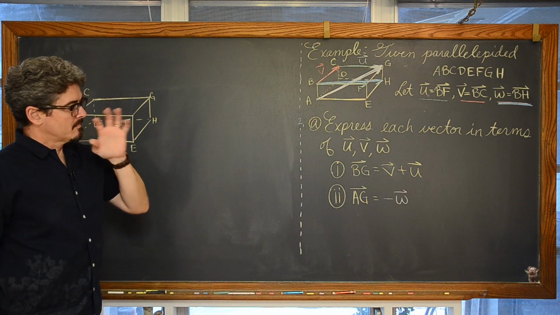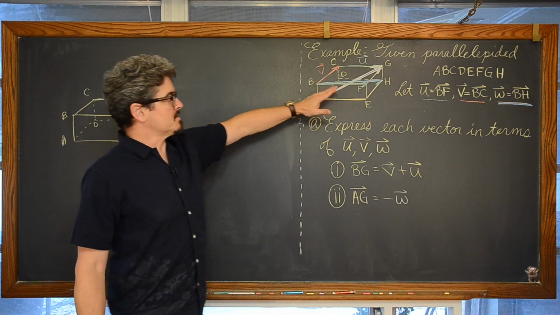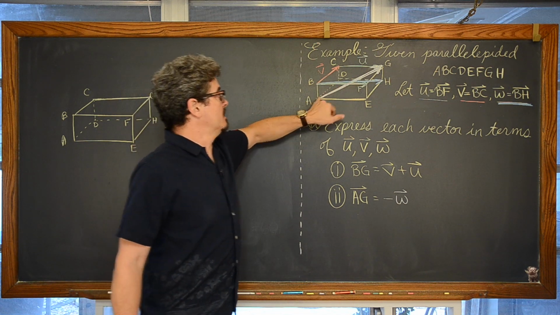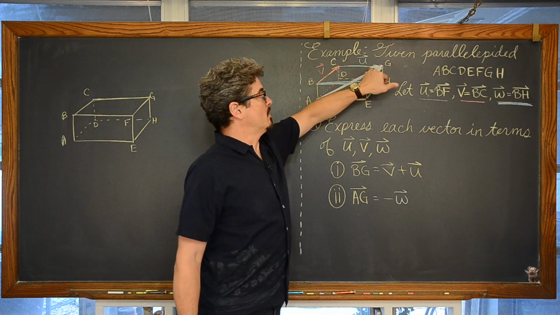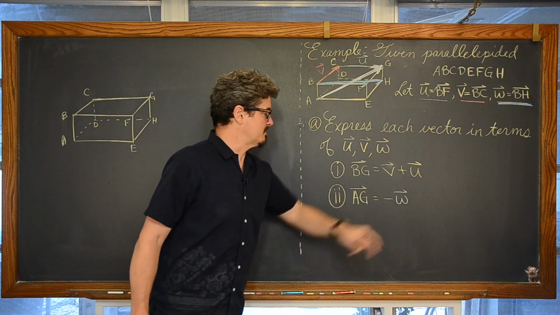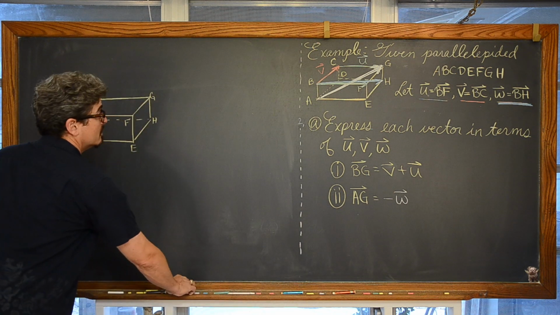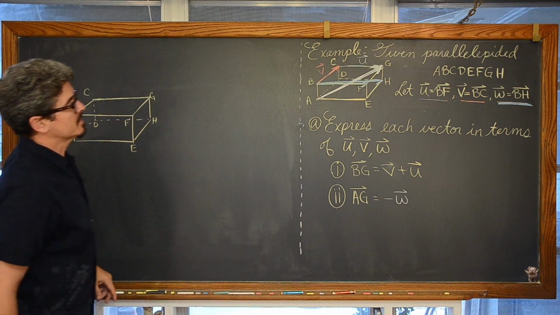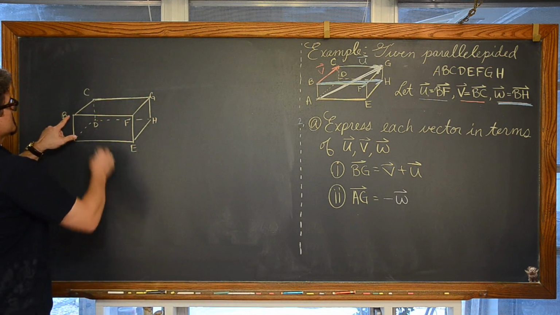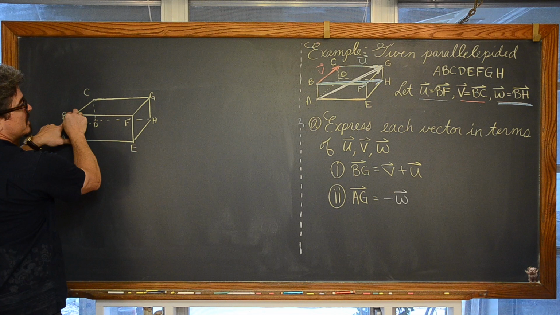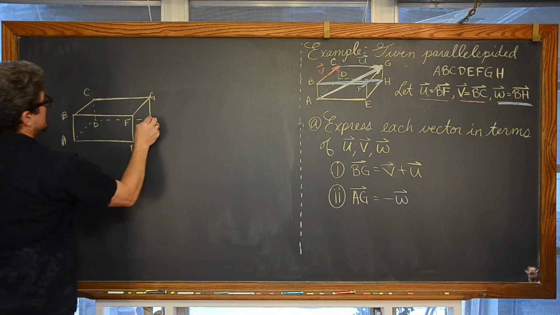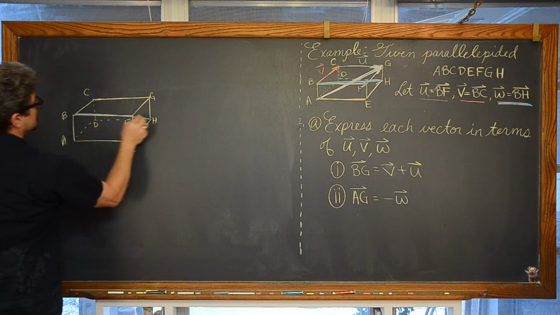And my resultant doesn't need to be in this position. It just needs to be in this sort of orientation or angle with that direction. So if I say we're going to start with negative vector w, which I labeled initially with blue, instead of B to H, we're going to move from H to B in an opposite direction.